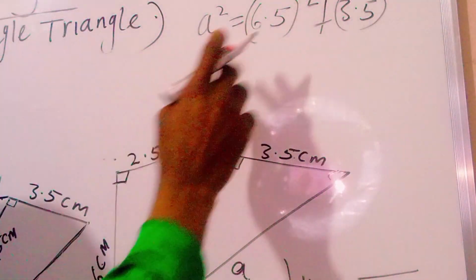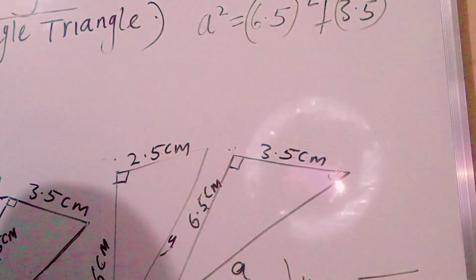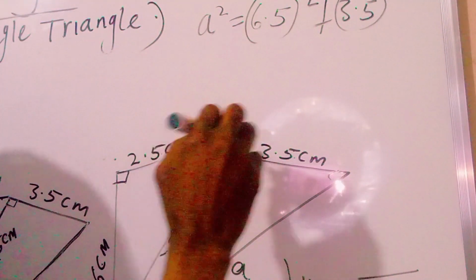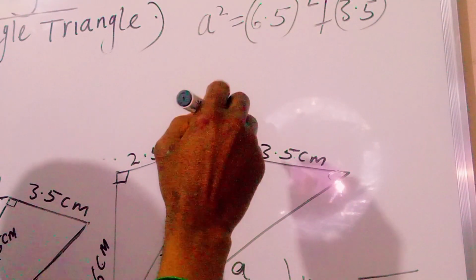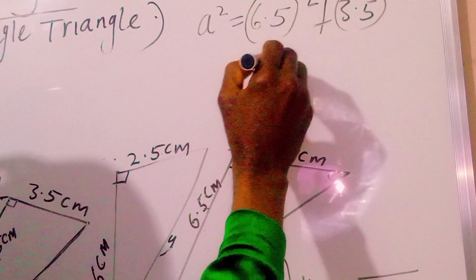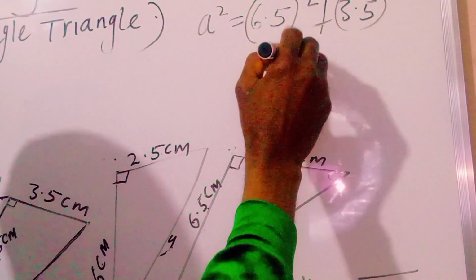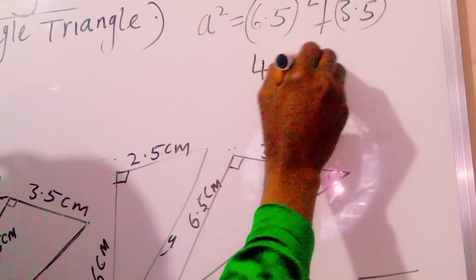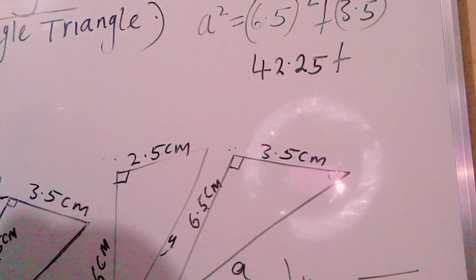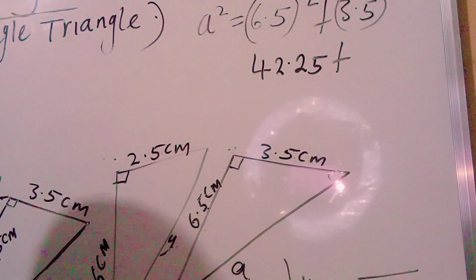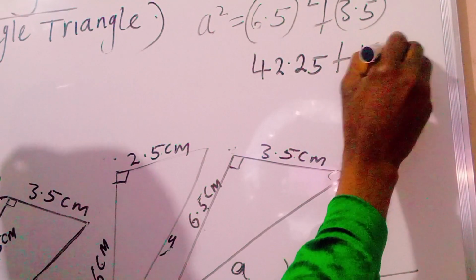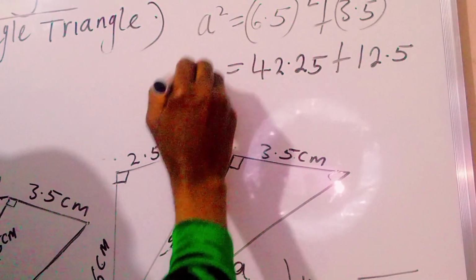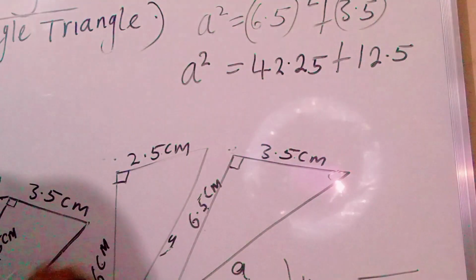If you take 6.5 squared, definitely you're going to have 42.25, use your calculator or multiply by hand. And 3.5 squared will give you the sum of 12.25. Remember, you're solving for side A.